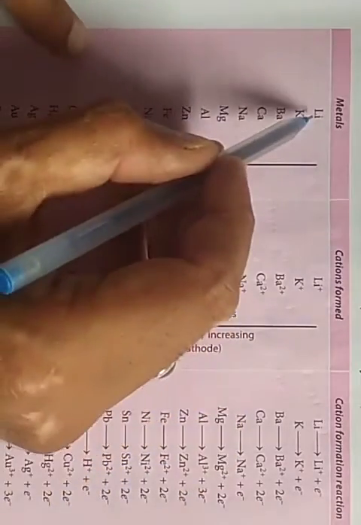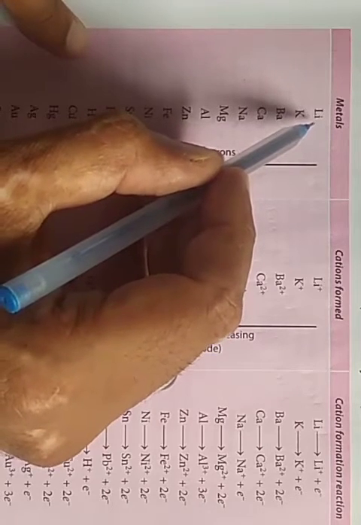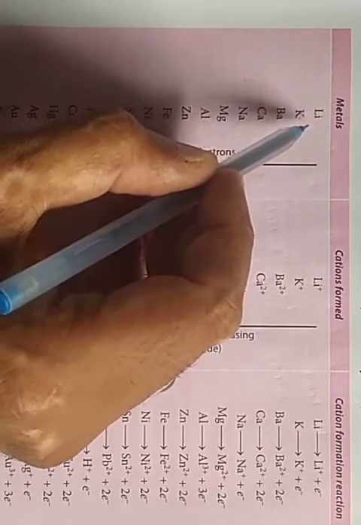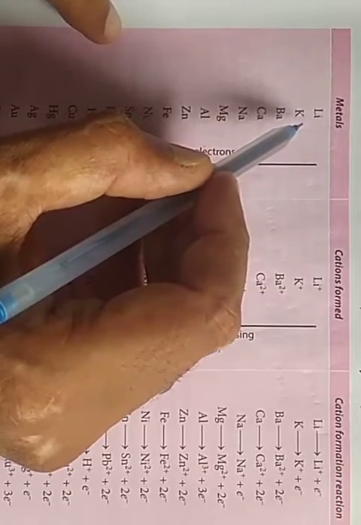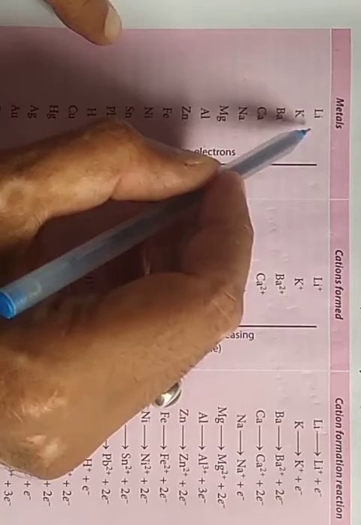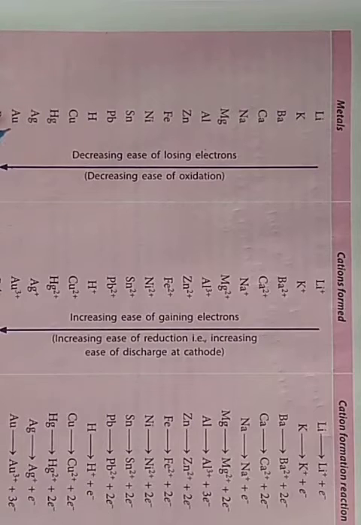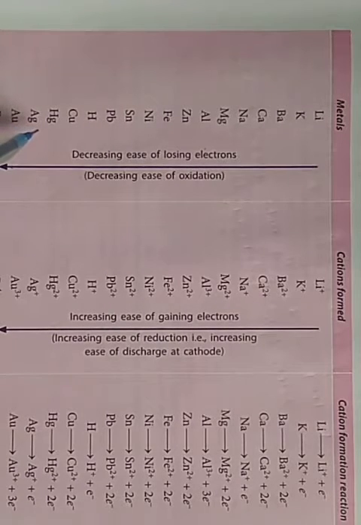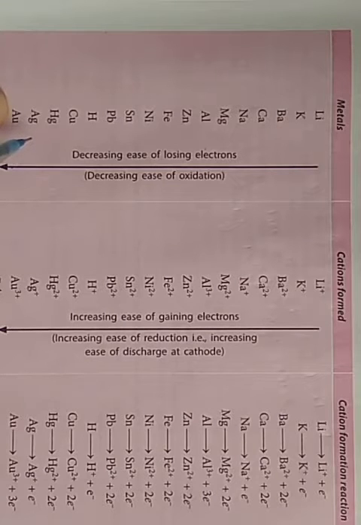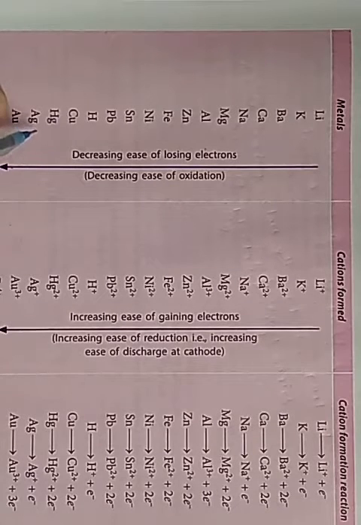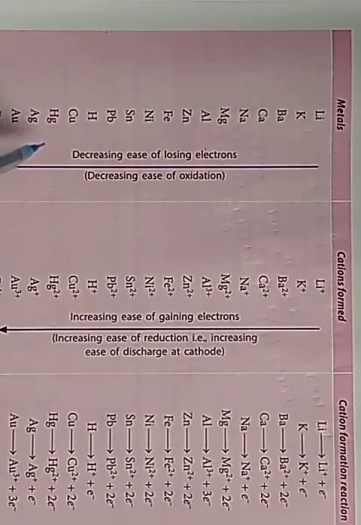In this series, the metals placed at the higher position easily lose their valence electrons and easily form cations, and the metals placed at the lower position in this series have less ease and less tendency to lose their valence electrons.